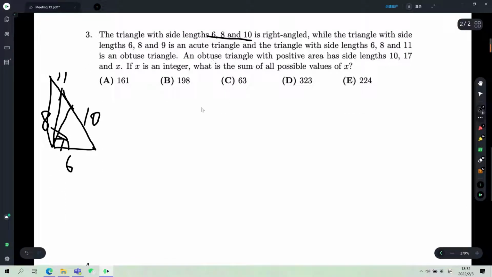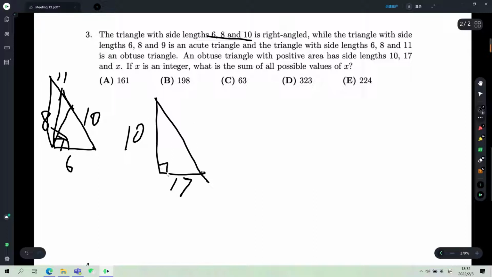And the question is, if an obtuse triangle has sides of 10, 17, and x, there will be two scenarios. First, 10 and 17 are the shorter sides.